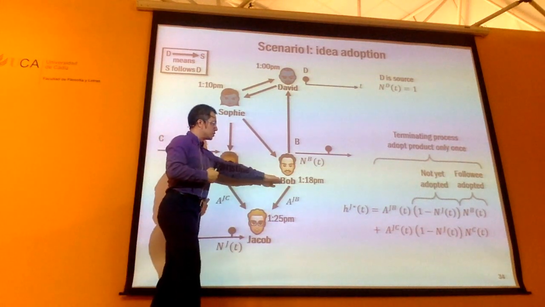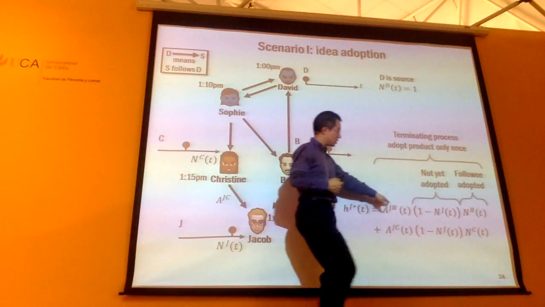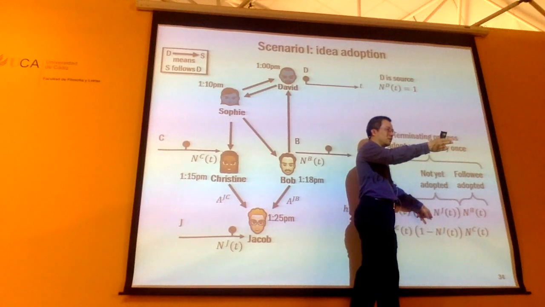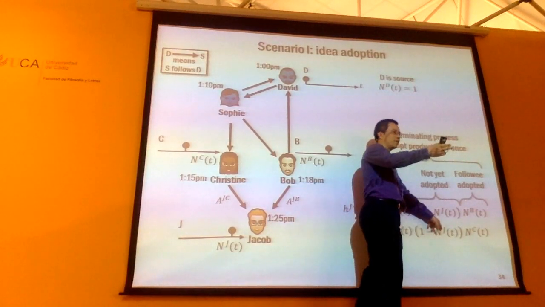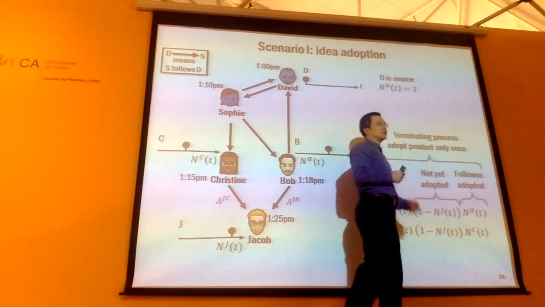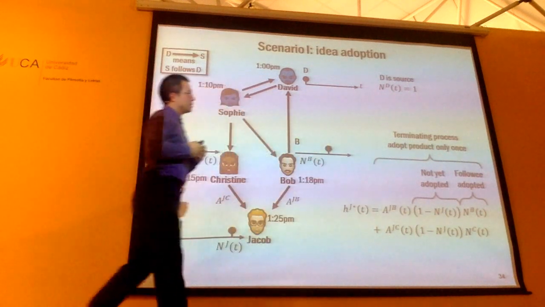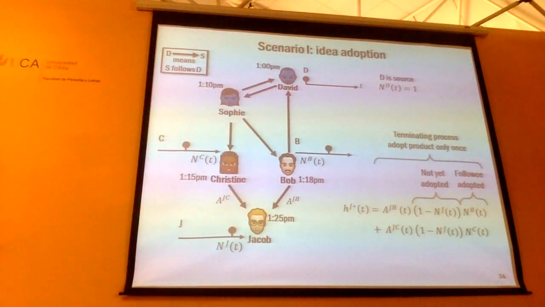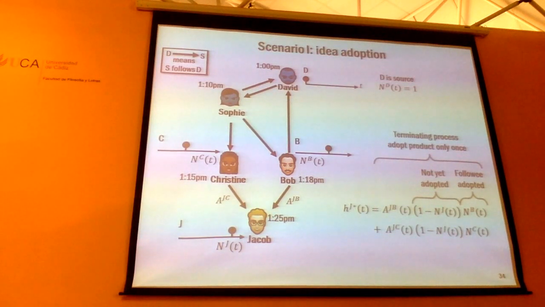Both terms are going to generate an event, and the actual event is going to be the one which has the smaller value. Okay, so you just put together a few terminating point processes. Then you get this idea adoption type of model, right?